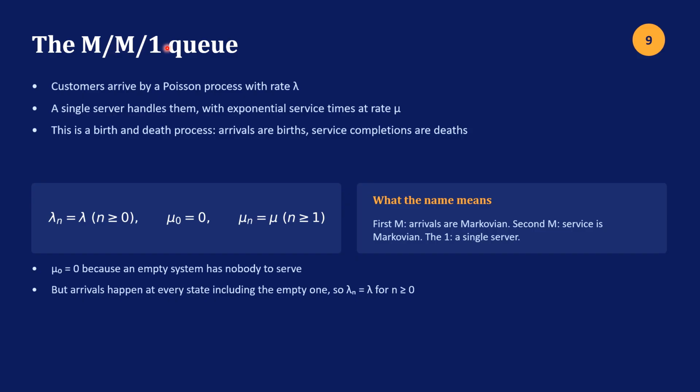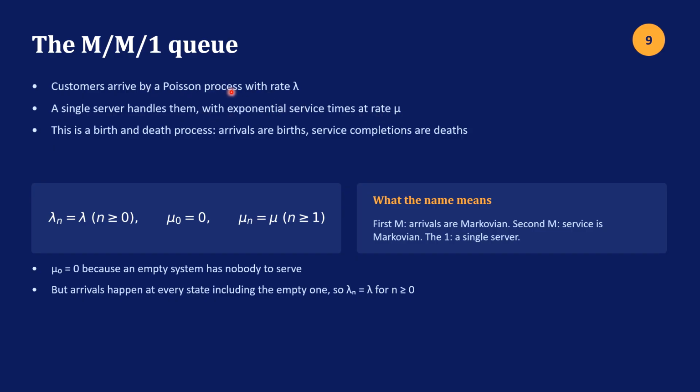The M/M/1 queue is an example of a birth and death process. The assumption is customers arrive by a Poisson process with rate lambda, and there's a single server that handles them with exponential service times mu. You can think of a queue in a supermarket.